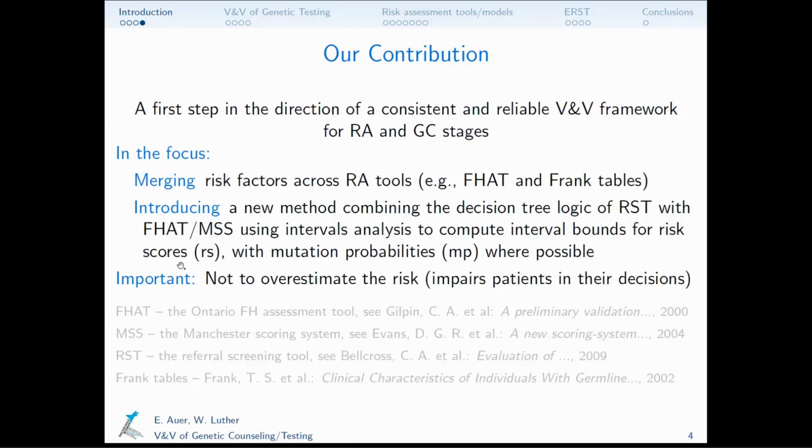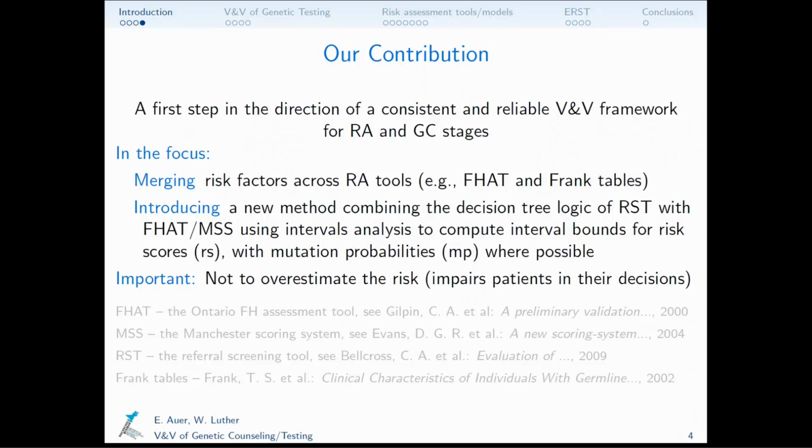After that, we want to introduce a new method combining the decision tree logic of this tool with the other three remaining tools using interval analysis, where possible. And an important point here is not to overestimate the risk because it would impair patients in their decisions.